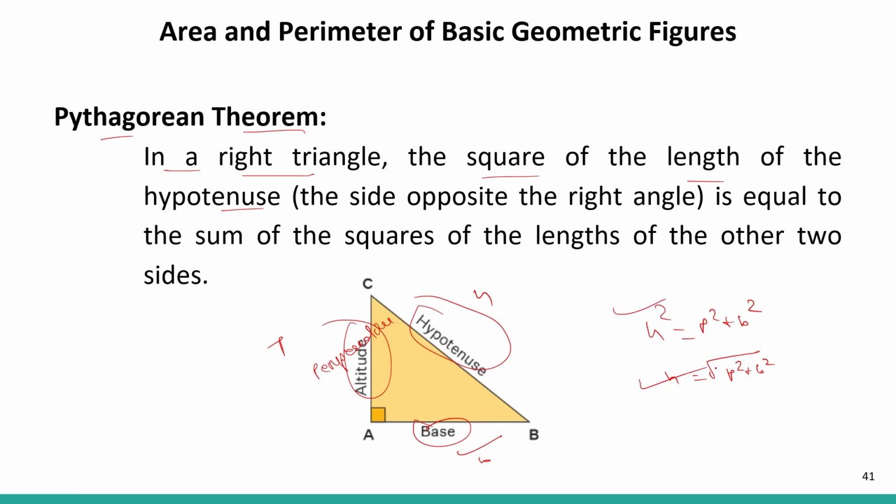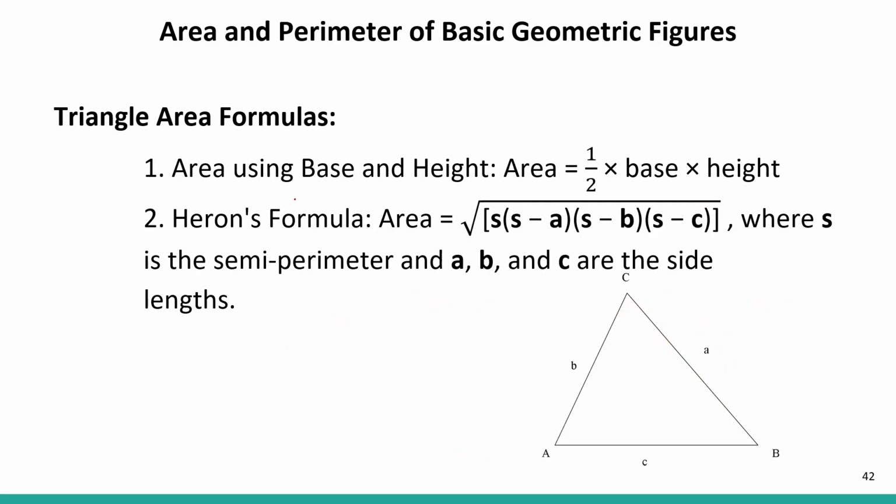This is what Pythagoras theorem tells us: the square of the length of the hypotenuse is equal to the sum of the squares of the other two sides, that is, the square of the perpendicular plus the square of the base.